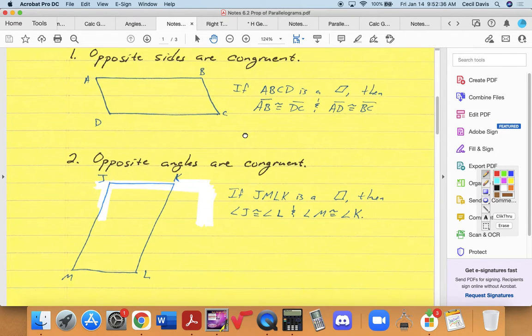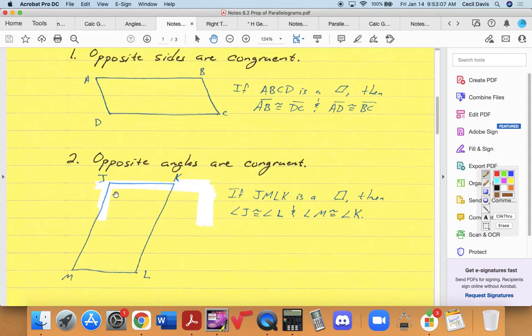Likewise, the opposite angles are congruent. If this is a parallelogram, then angle J is congruent to angle L, and angle M is congruent to angle K. Both of those things are true. I think that one's fairly obvious also. What kind of an angle does angle J appear to be?